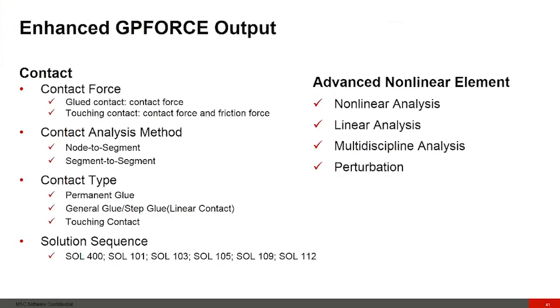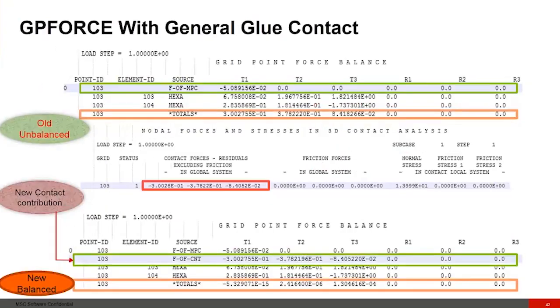And this is supported for most of the solutions that the GPFORCE is supported for, which includes solution 400, 101, 103, for buckling, solution 105, and all the dynamic solutions, which are frequency responses and transient responses. And it's supported for both permanent glue and glued and touching contacts. So here I'm showing you the examples of before and after.